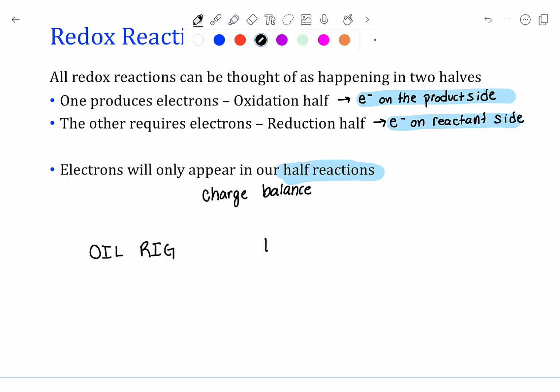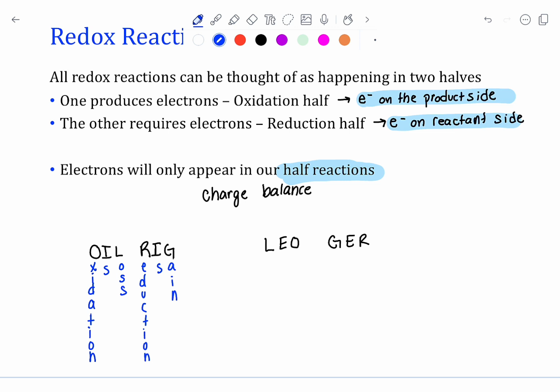And then there's LEO the lion goes GER. Those stand for: Loss of Electrons is Oxidation, and Gain of Electrons is Reduction. So oxidation is loss, reduction is gain.